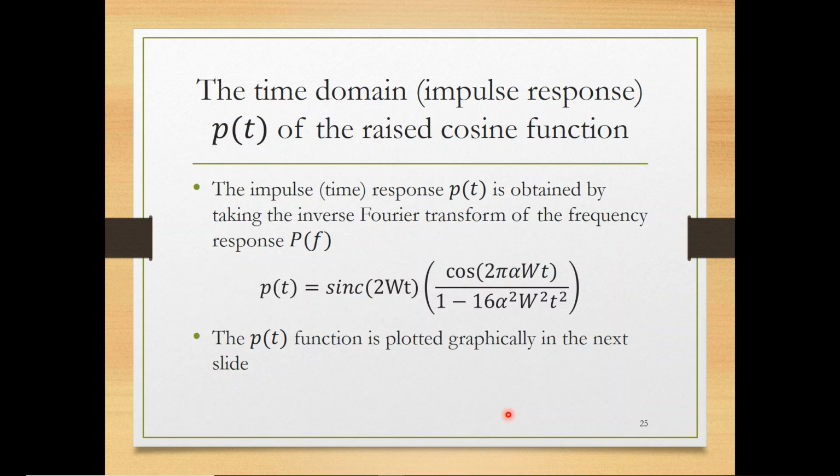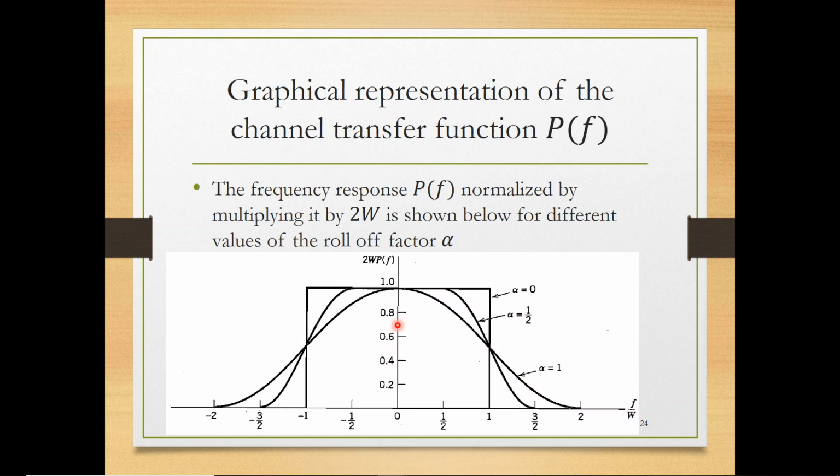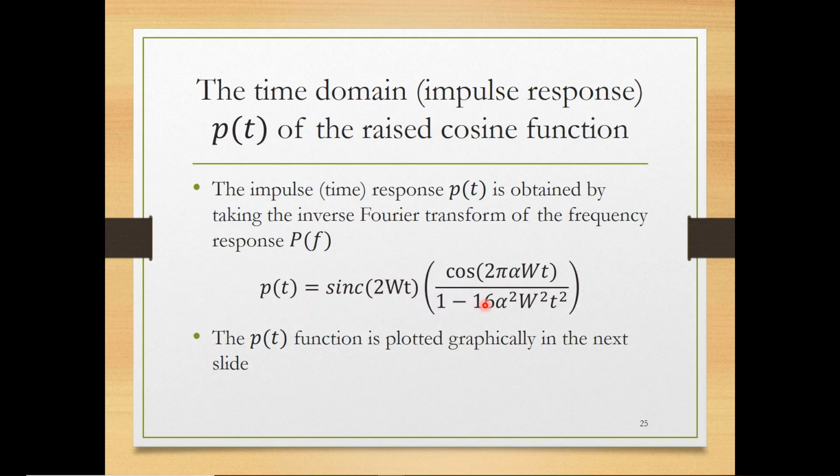The impulse time response p of t is obtained by taking the inverse Fourier transform of the frequency response. So this is P of f, in frequency, the shape of your newly designed pulse, the raised cosine. When you go to the time domain, you get this function, which is basically the sinc we know from before, multiplied by another function.